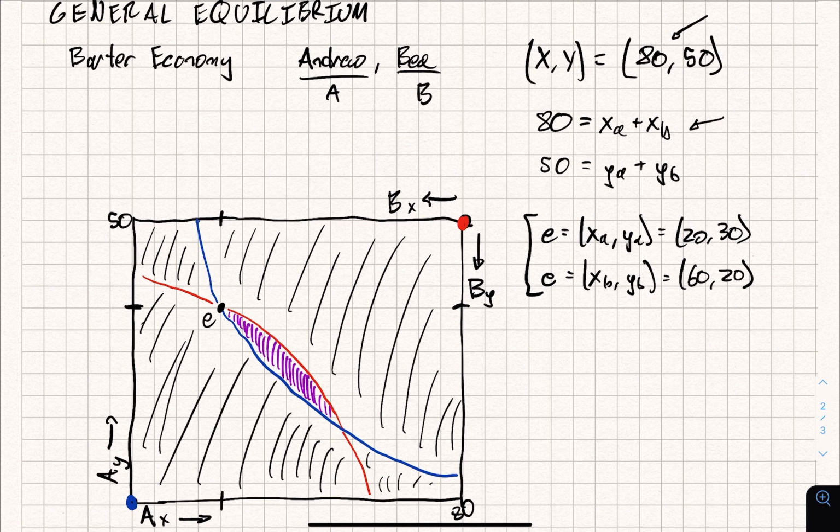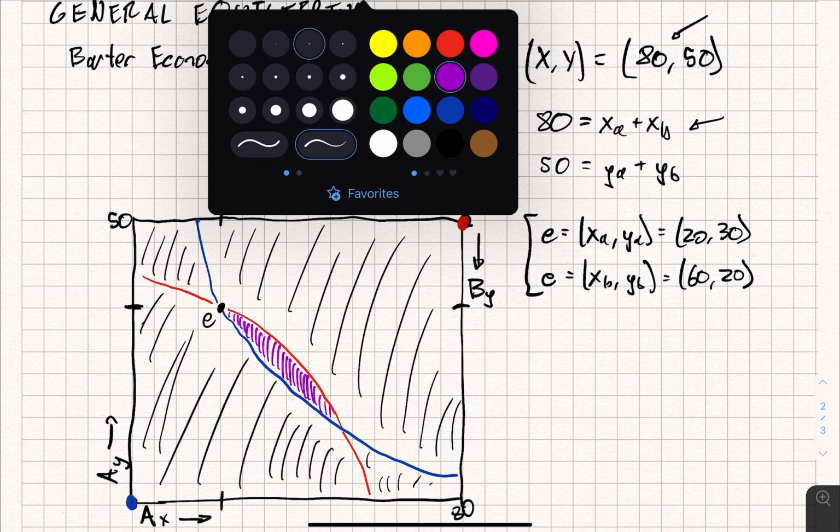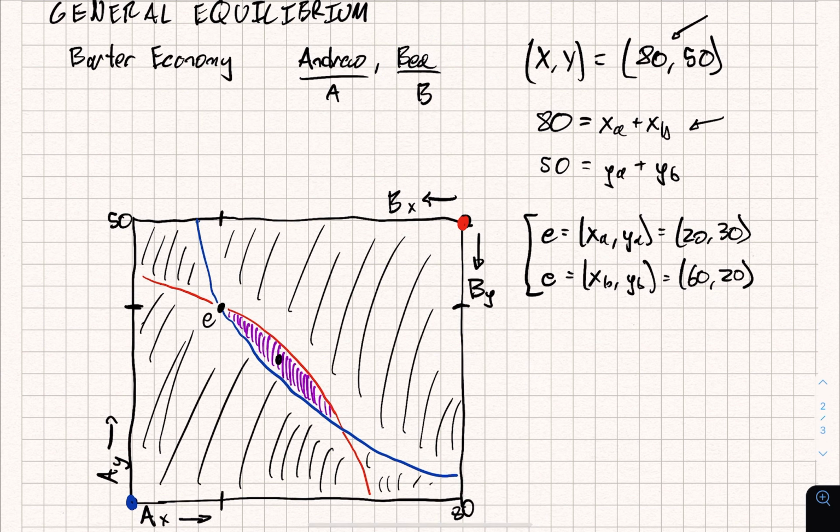Okay. So let's just run through a quick little example here. Let's pick a point, call it F. We have an indifference curve for Bea and an indifference curve for Andrew. And for both of them, this is better.